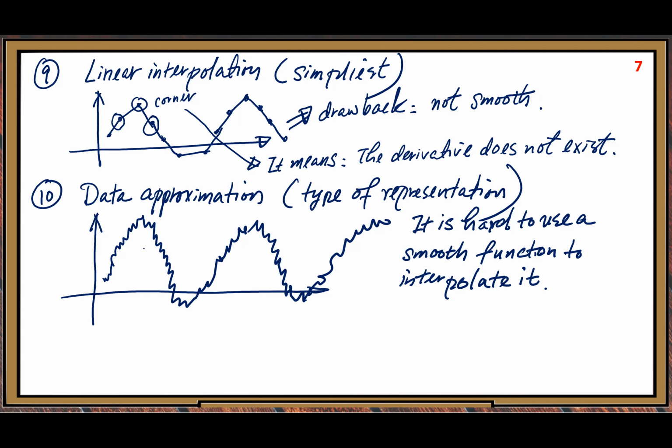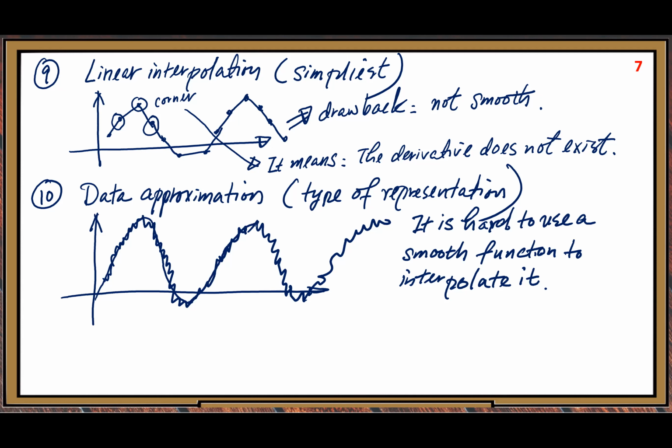Then a better way to represent this data, we do not need to interpolate it. We approximate it. Look at this way. We use a smooth function to approximate the points.